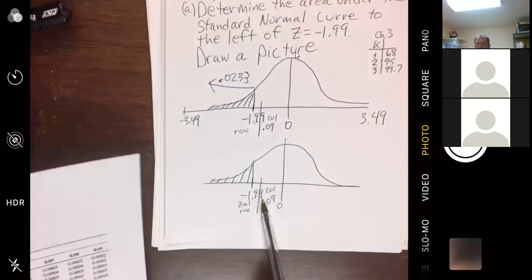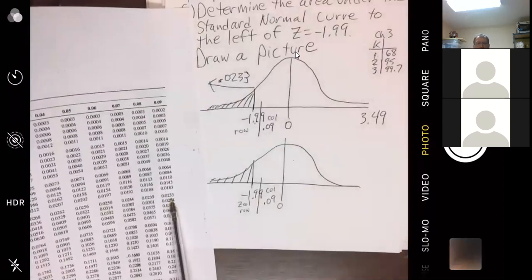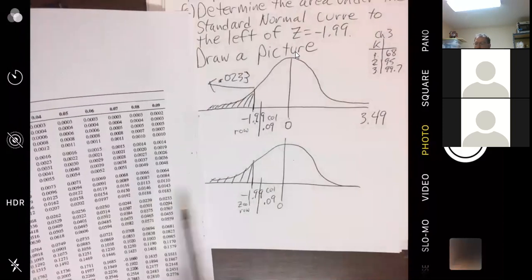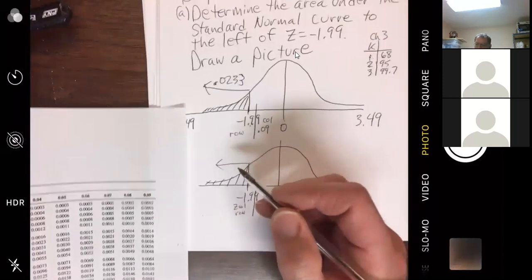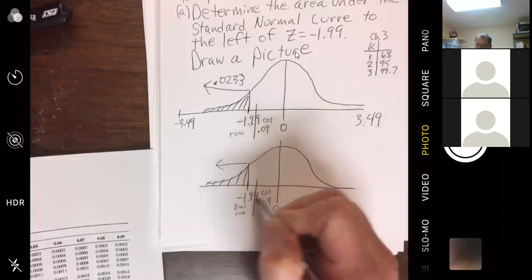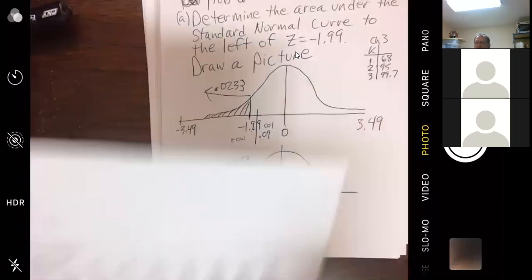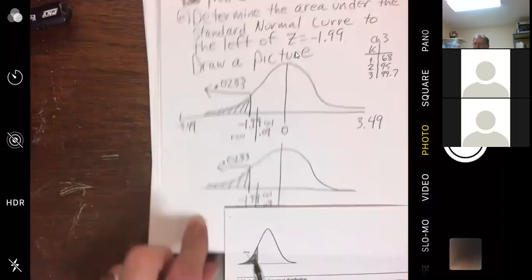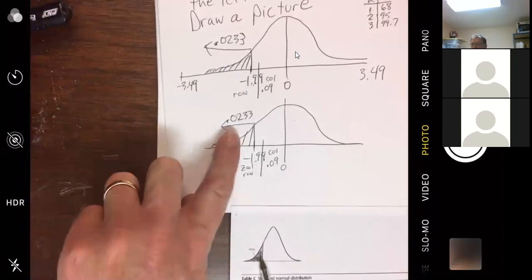When those intersect, the 0.0233 right there in this column on that row is the percentage of the data left of this. Think of it as the area of the black region, shaded exactly like it's shaded on the table.